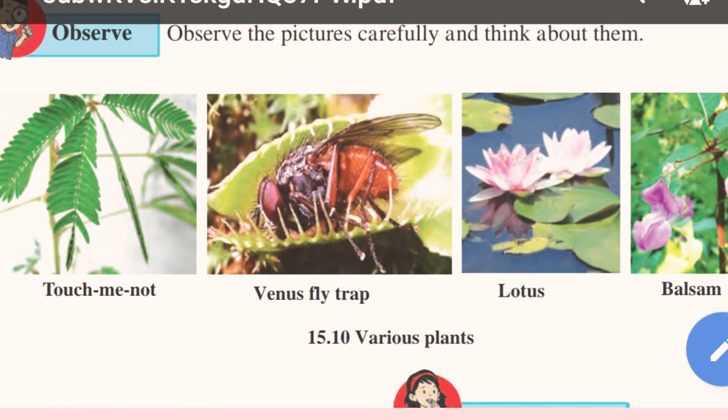In balsam, in the fourth figure, you can see the ripened fruit dehisces, that is, bursts open at the right time to disperse the seeds. This was all about the growth irrelevant movements.